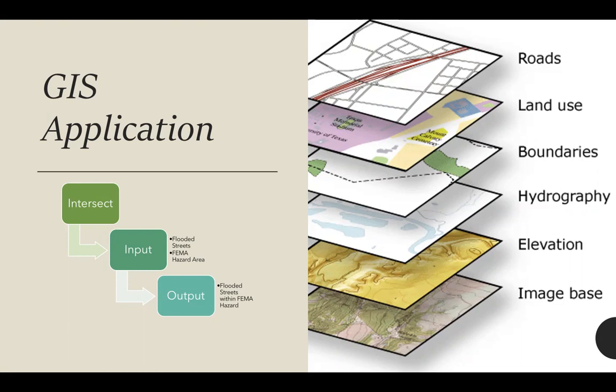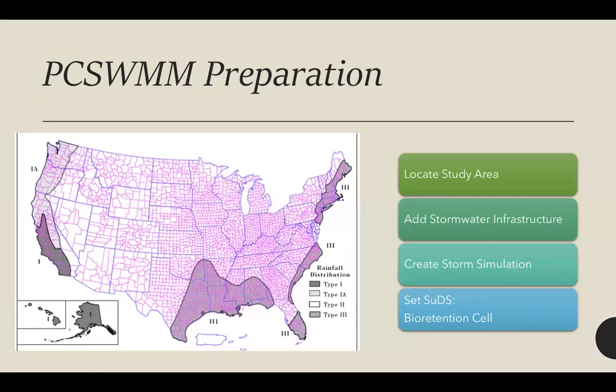That helped me take different criteria, such as land use or the hydrology or the soils, and figure out where many of those intersect in the same area. The example I have here is where flooded streets and the FEMA hazard areas were in the same area.